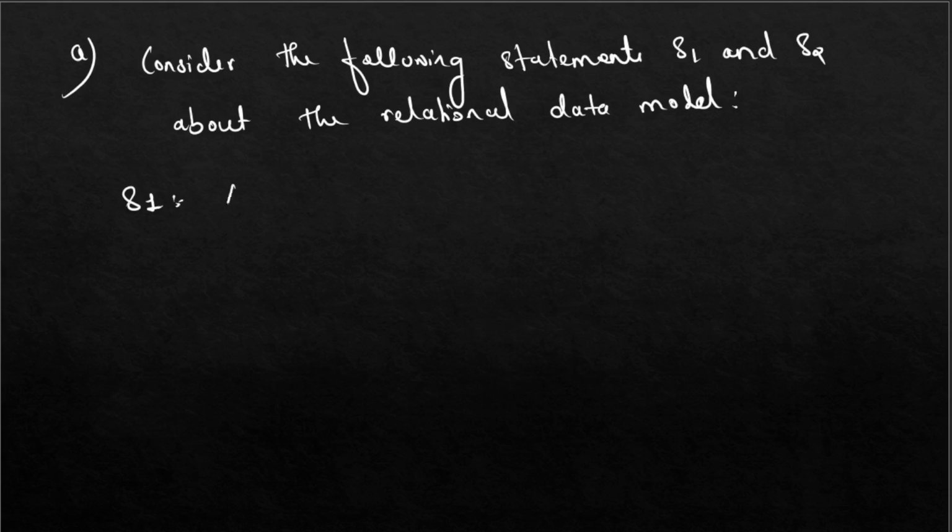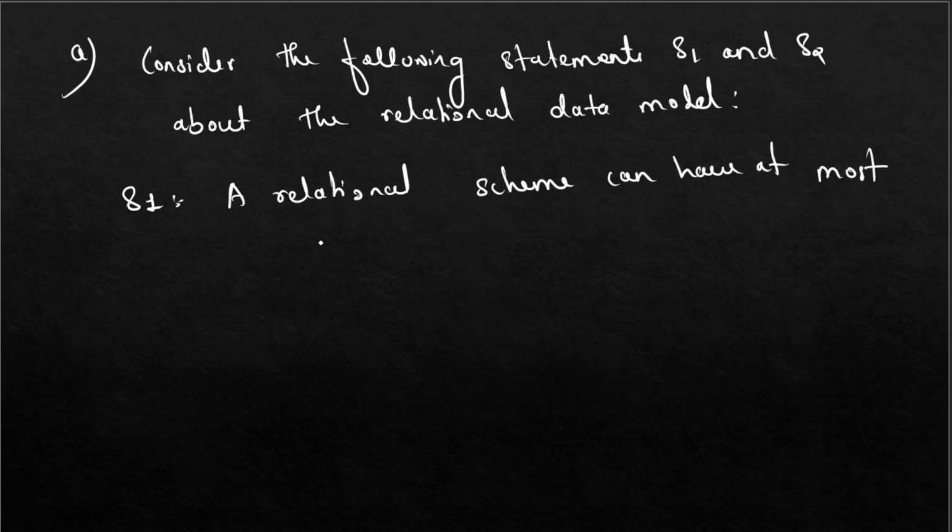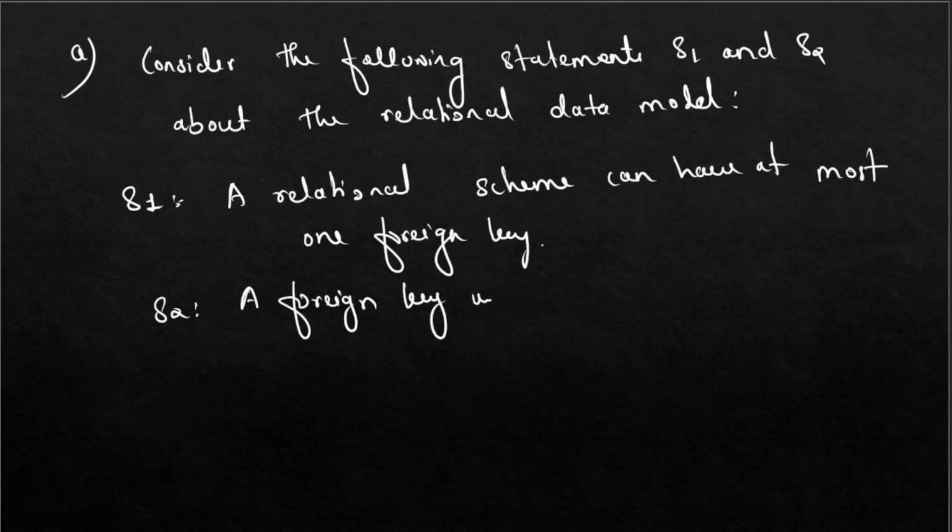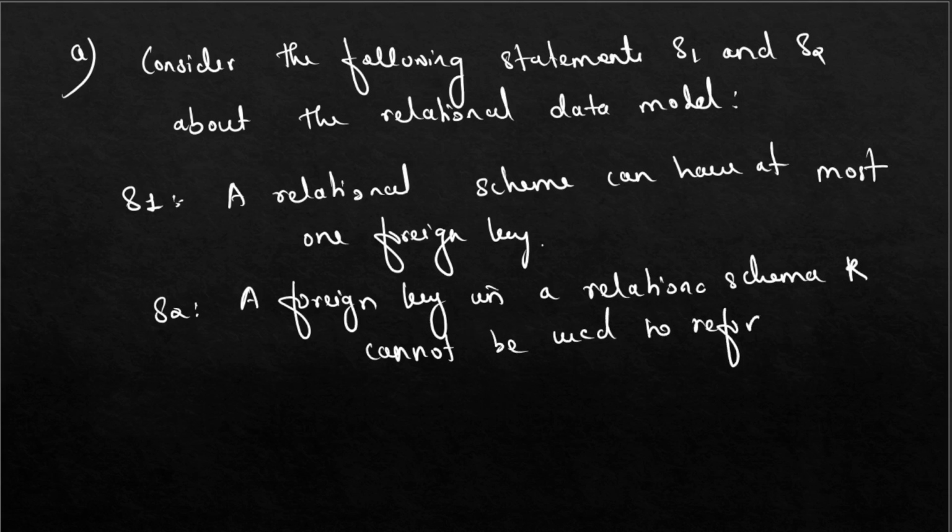S1: a relational schema can have at most one foreign key. S2: a foreign key in a relation schema R cannot be used to refer to tuples of R.